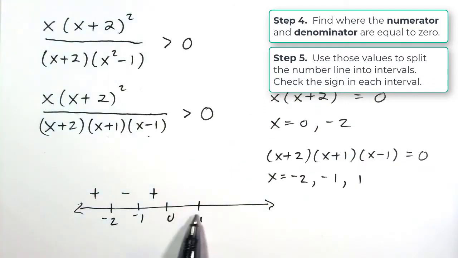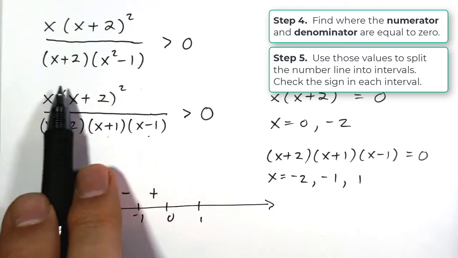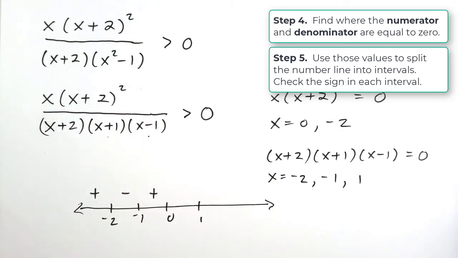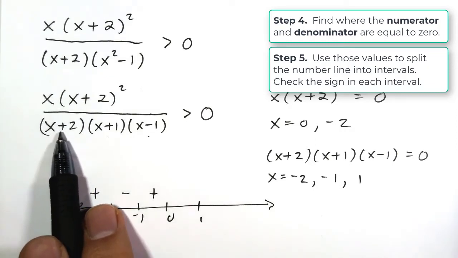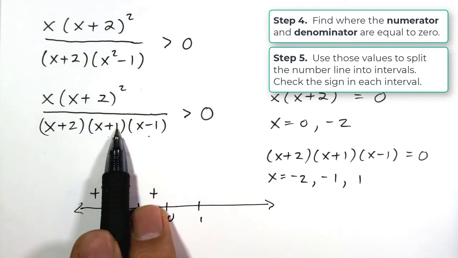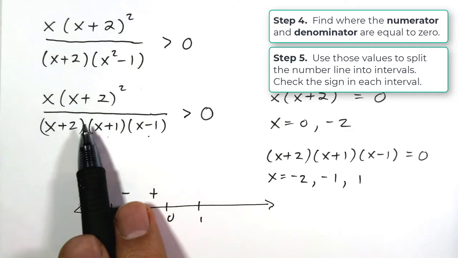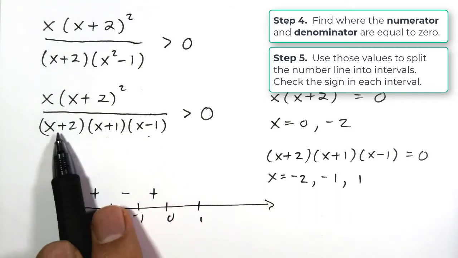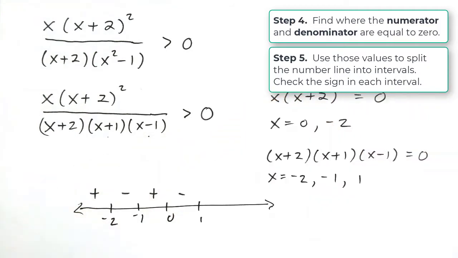Now I check this interval between 0 and 1. This is positive, numerator is positive. A number between 0 and 1 plus 2 will be positive. That number plus 1 will be positive. If I subtract 1, it'll be negative though. So I have positive times negative, the denominator is negative. So I have a positive number divided by a negative number, the result is negative.